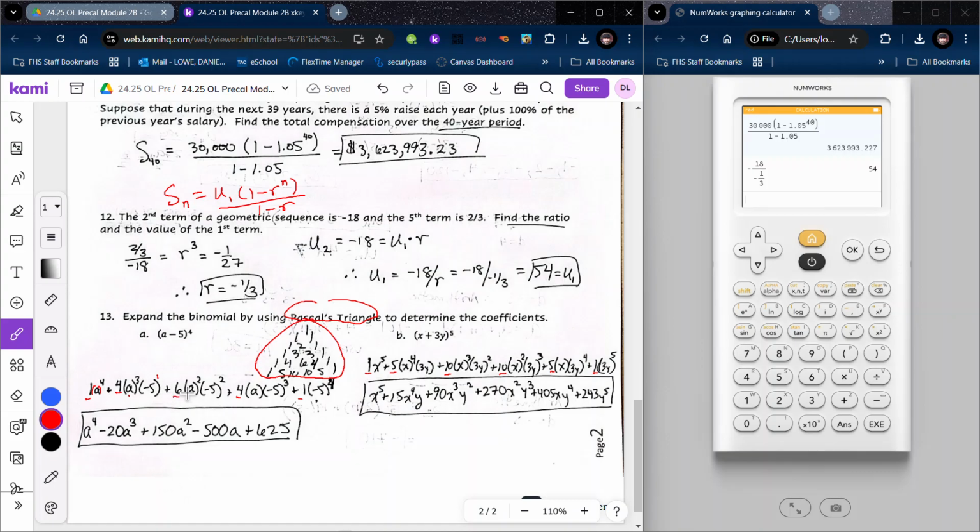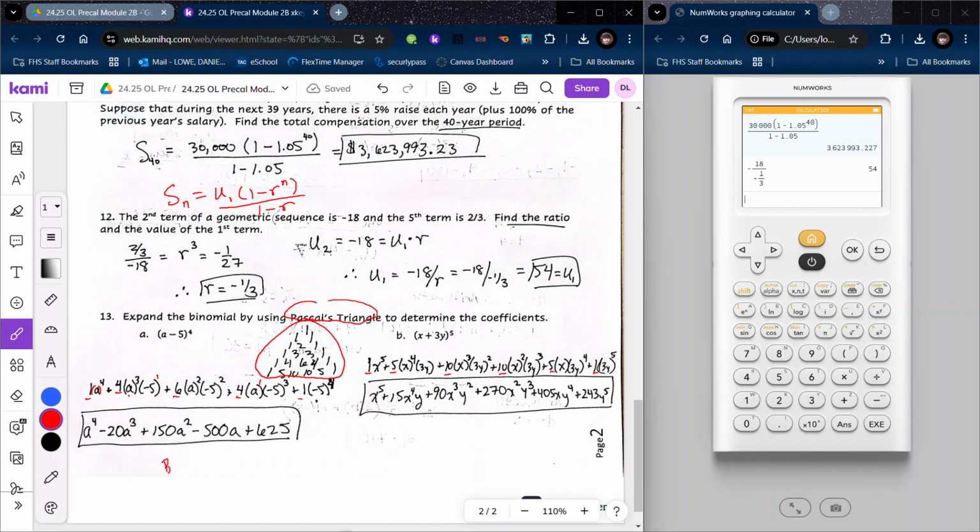Then I subtract 1 from the power on the a and add 1 to the power on the -5. Then subtract 1 on the a, then add 1 on the -5, and lastly, if I subtract 1 from the power on the a, I have a to the 0, and then -5 to the fourth power. If I multiply that out, I get a to the fourth minus 20a cubed plus 150a squared minus 500a plus 625.